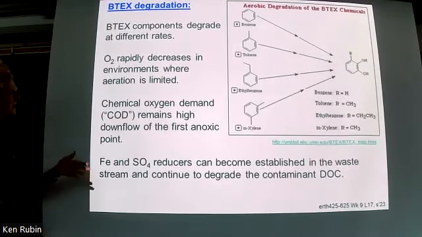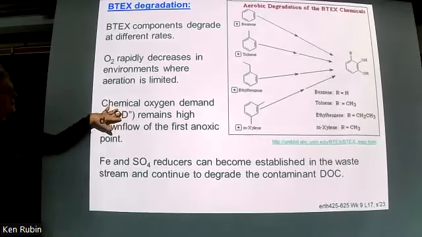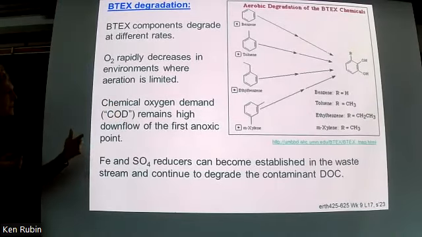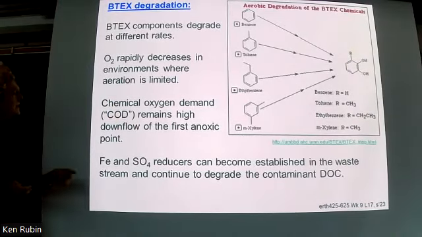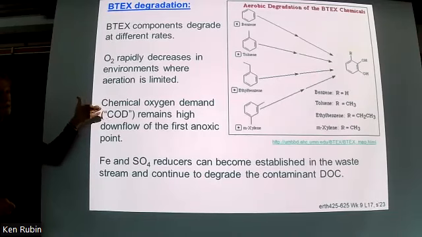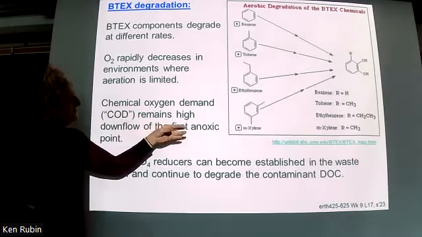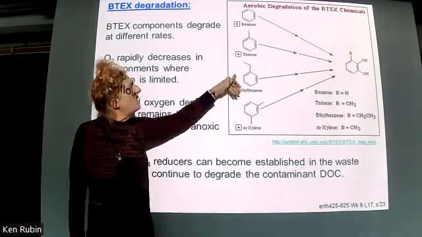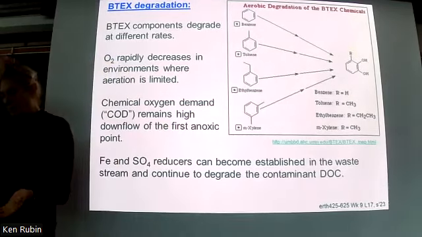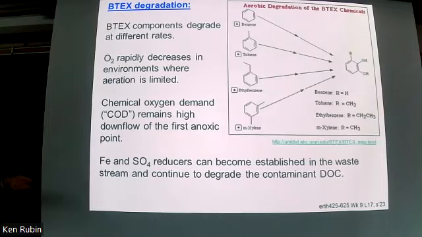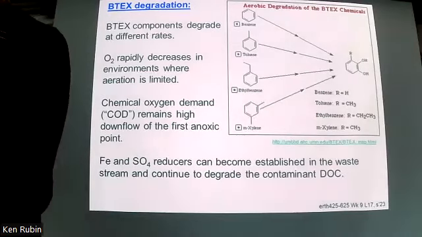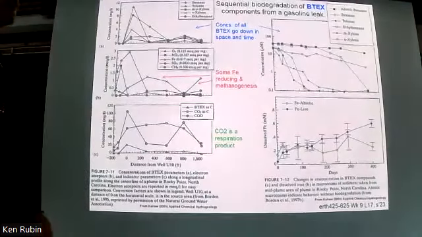It's just that the degradation happens in the absence of organisms. Organisms in the subsurface can also kick in and take over once the oxygen is decomposed and further break these down. They break down relatively quickly, but not all at the same rate. So a chemical plume of BTEX chemicals will change in composition, in the relative proportions of chemicals in the subsurface, because of the rate of breakdown and who's doing the breakdown.